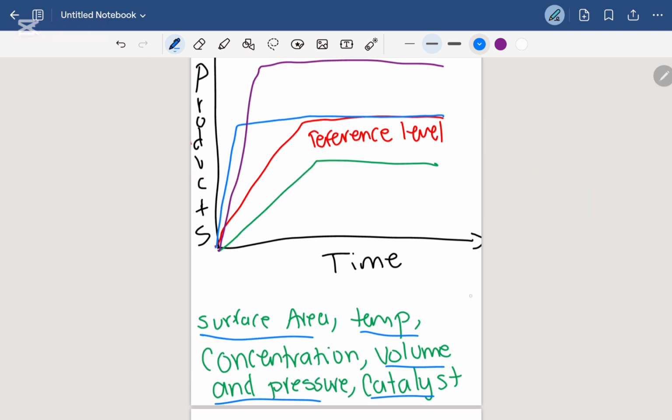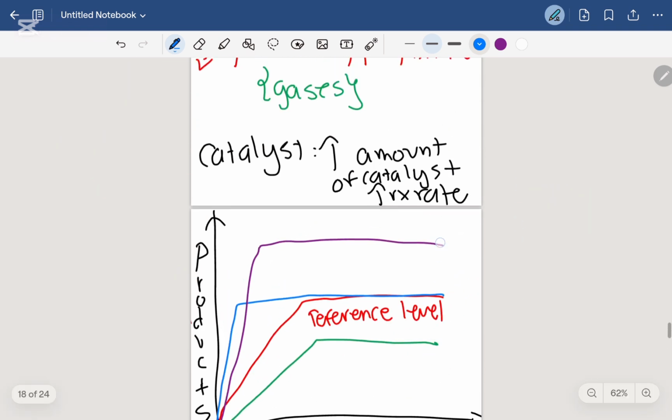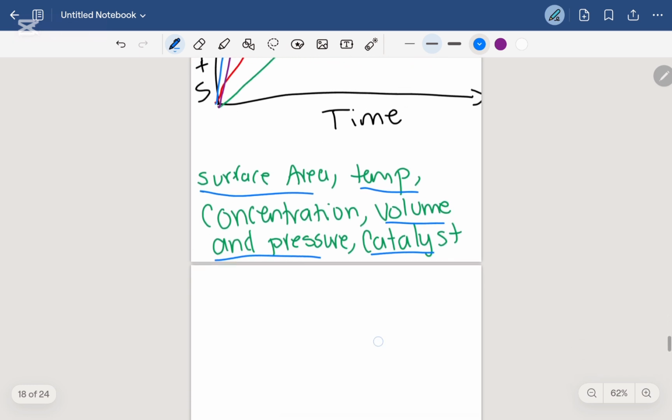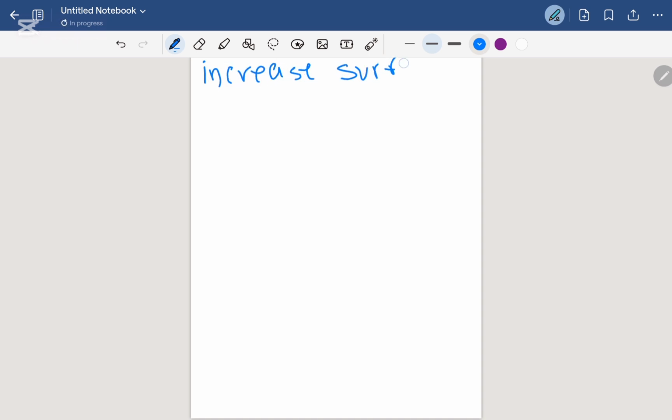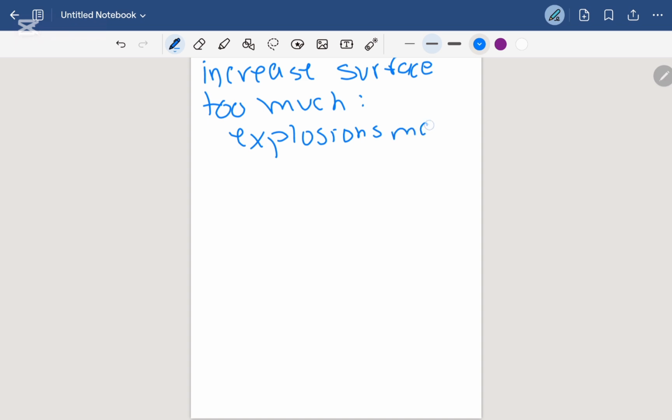So that is it for what affects the reaction rates. Now, just a small note: if you increase surface area too much, then explosions may occur. All right?